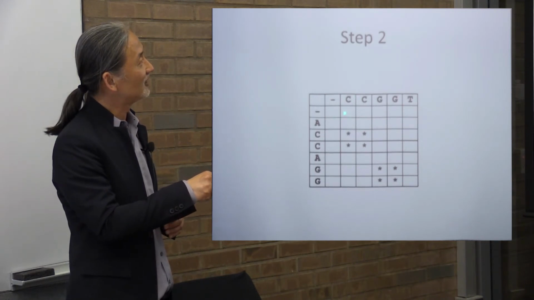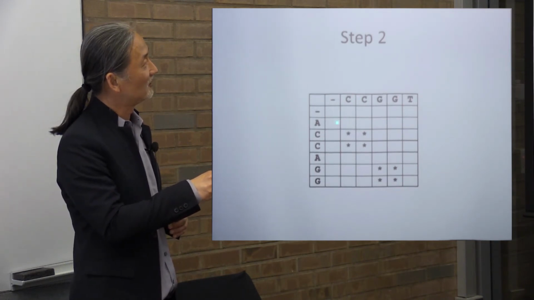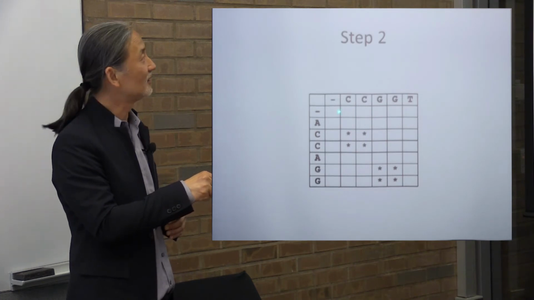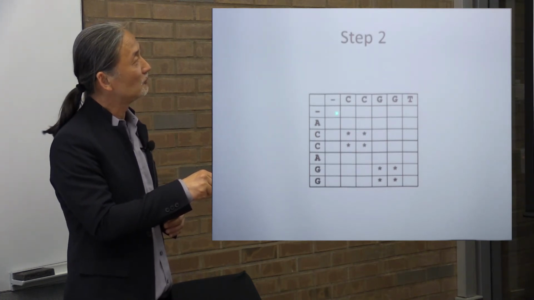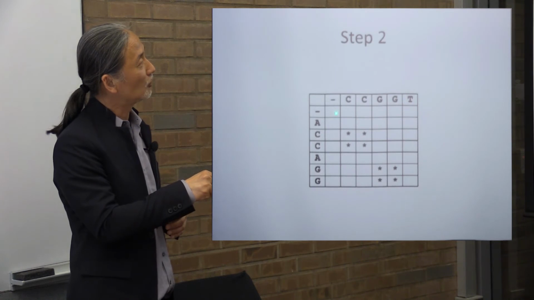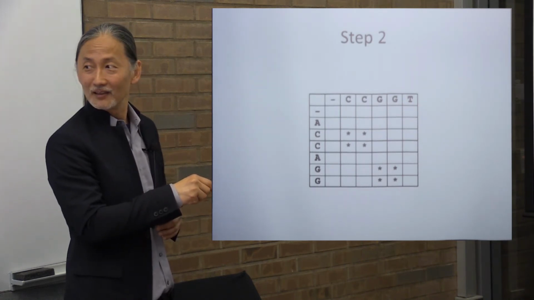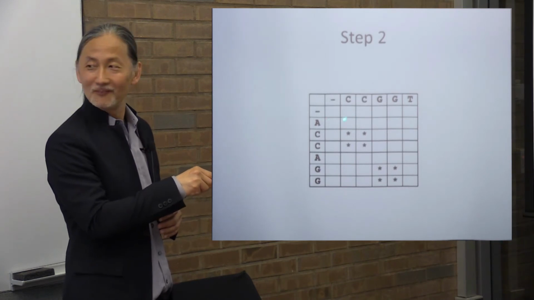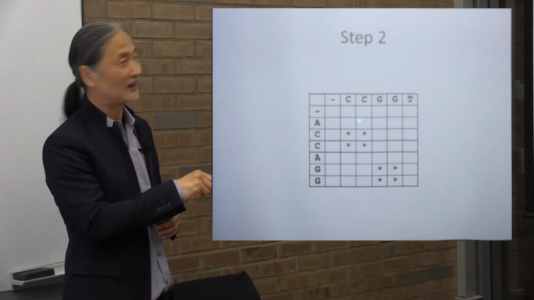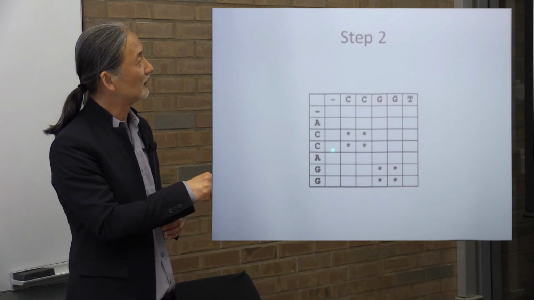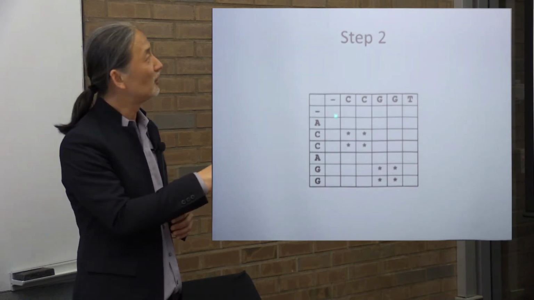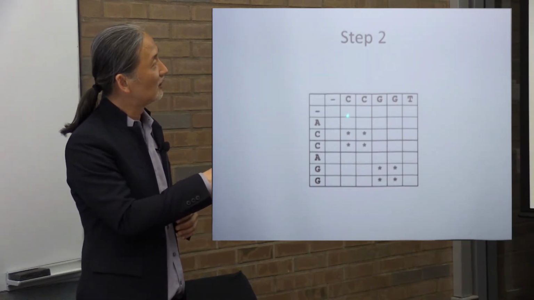I can go from here to here, or here to here, or here to here, one of the three possibilities. And I'm going to draw a path that goes only to the right or down. You can never go back up, or go to the left. You can't zigzag. You're only allowed to go to the right or down.